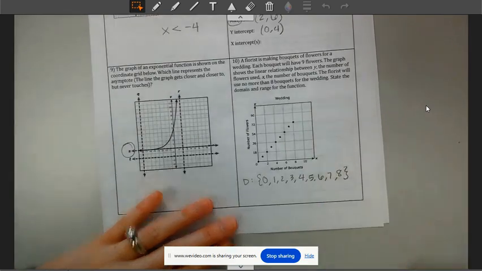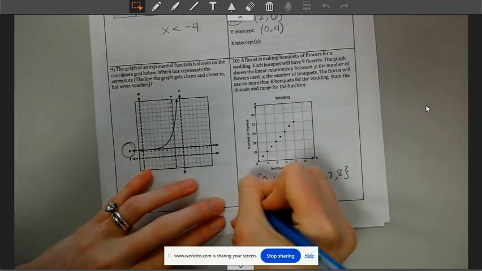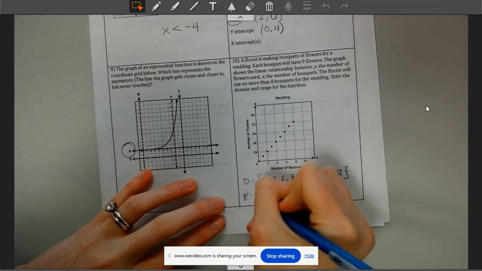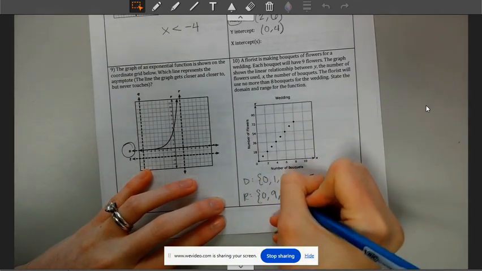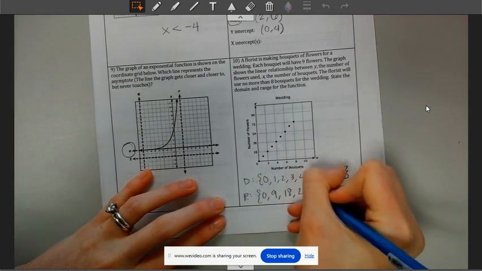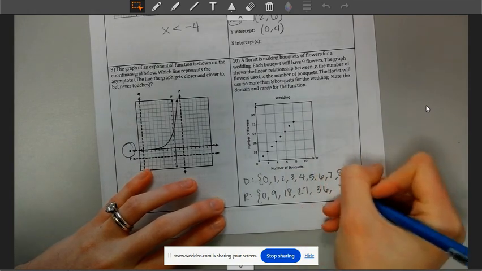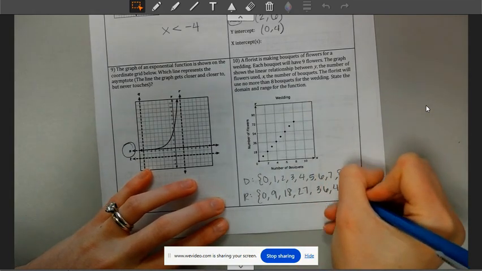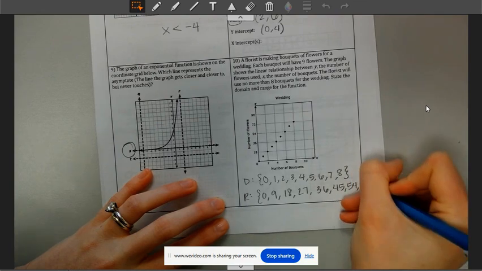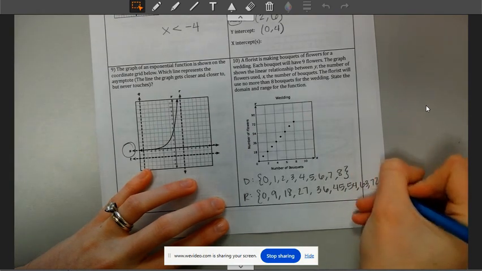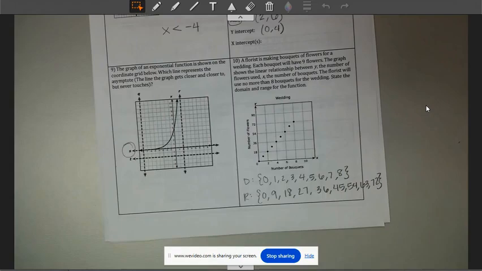That was your domain. Then for the range, I just have to list the y values. Well, we had 0, 9, 18, 27, 36, 45, 54, 63, and 72. Discrete, you just list the points.